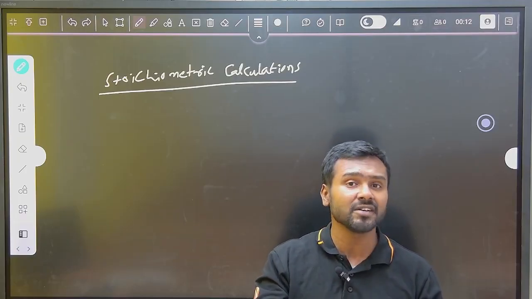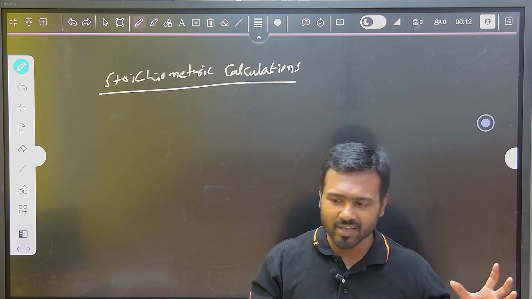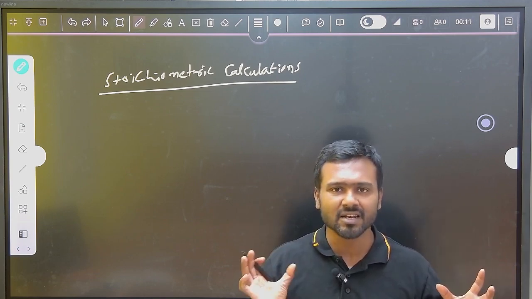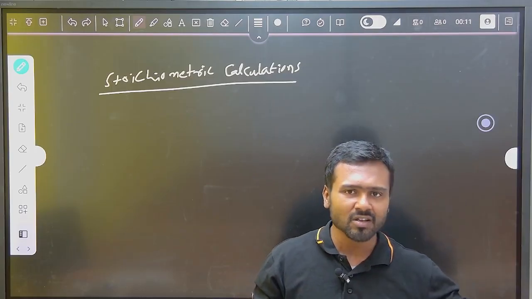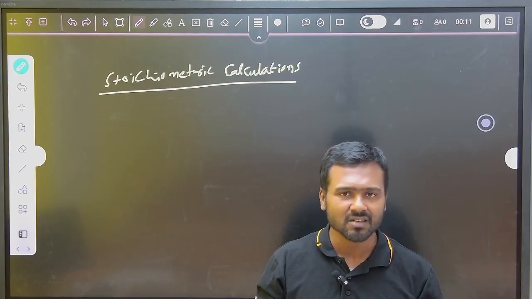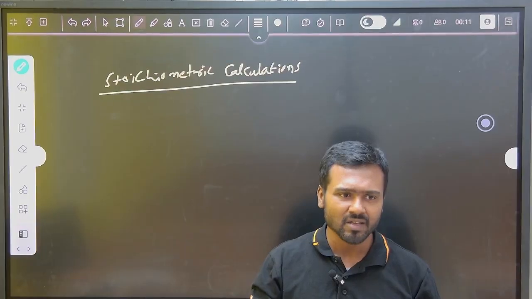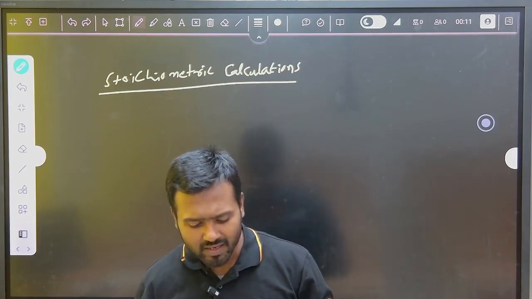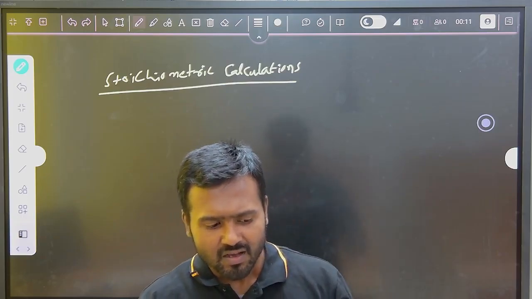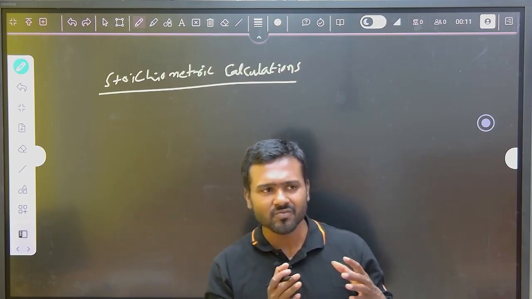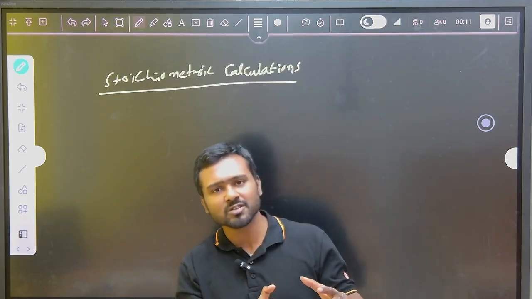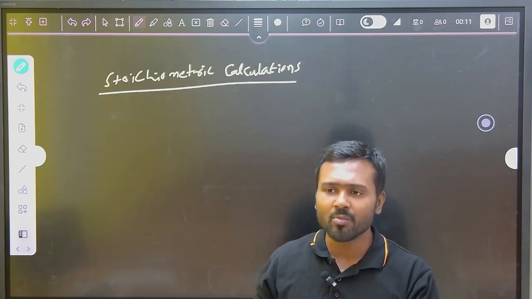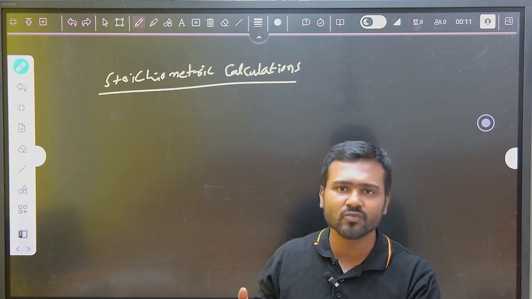Even the energy is also interrelated. If you take these many moles, how much energy is released? For these many moles, this much energy is released. So that is also interrelated here. In stoichiometric calculations, we will see how much volume of substance, how much weight of substance, or how many moles of substance you took, so that accordingly we find how many moles, how much volume, or how many grams of the product is formed.